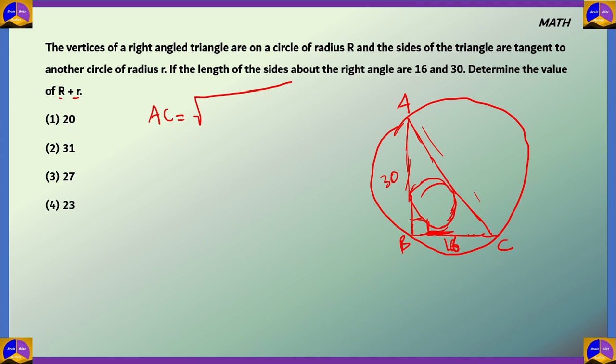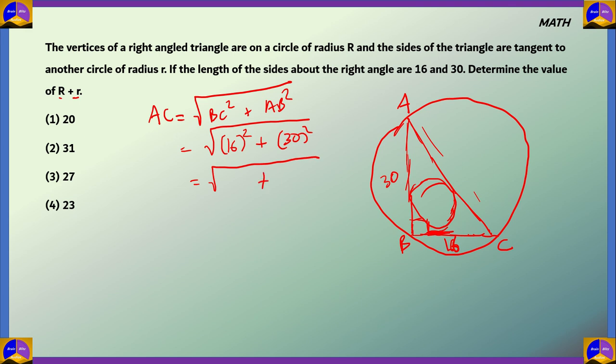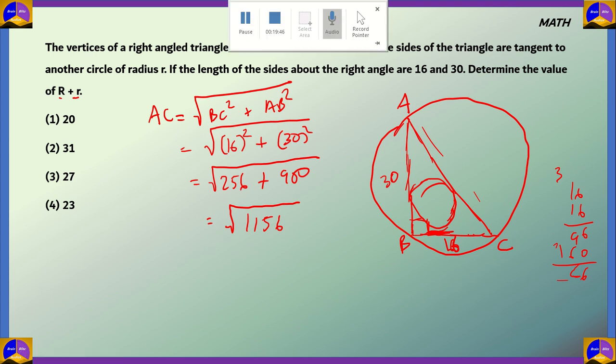So AC would be equal to the root of BC squared plus AB squared, which is the root of 16 squared plus 30 squared, which is the root of 256 plus 900, that is the root of 1156.